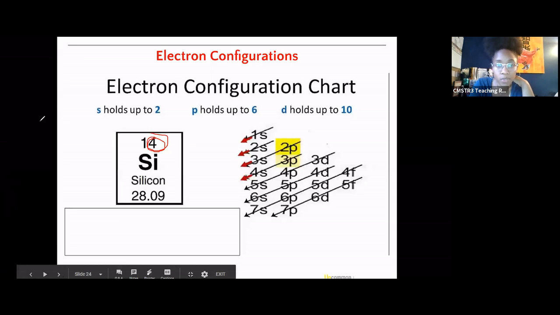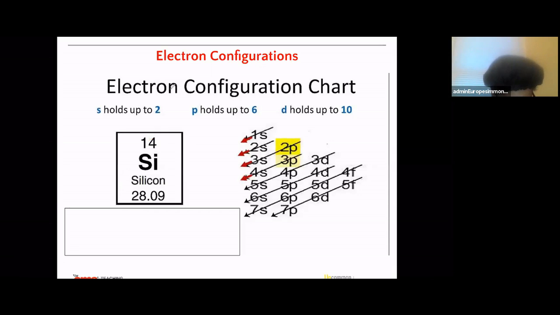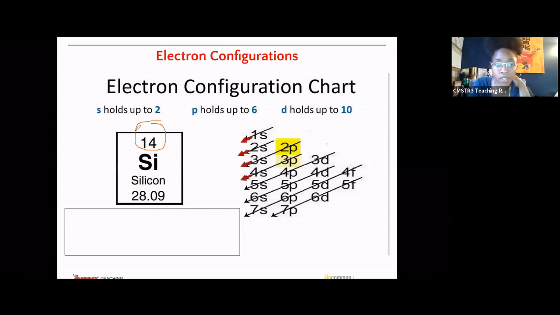The number that I need to remember, what number am I gonna try to get to when I do my electron configuration? 14. So that means silicon has 14 electrons. And when I draw my electron configuration, that's what I'm gonna try to get to. So to do my electron configuration, I'm gonna start at the beginning of my little pattern.